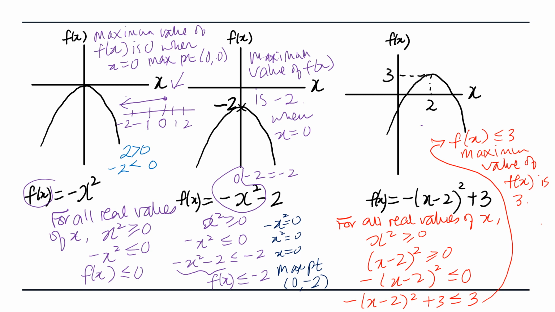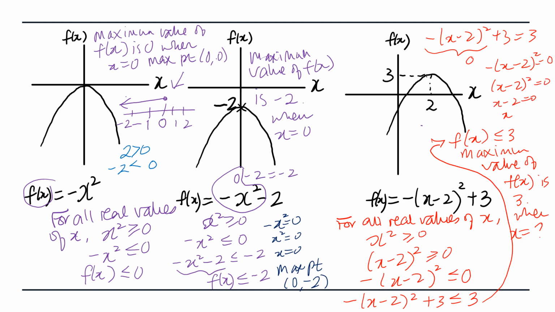So what would the corresponding value of x be then? Remember that to get f(x) equals 3, this is what we have. If you want it to equal 3, I need to let this part equal 0, because 0 plus 3 gives me 3. So if I let this equal 0 and solve it, x will be 2.